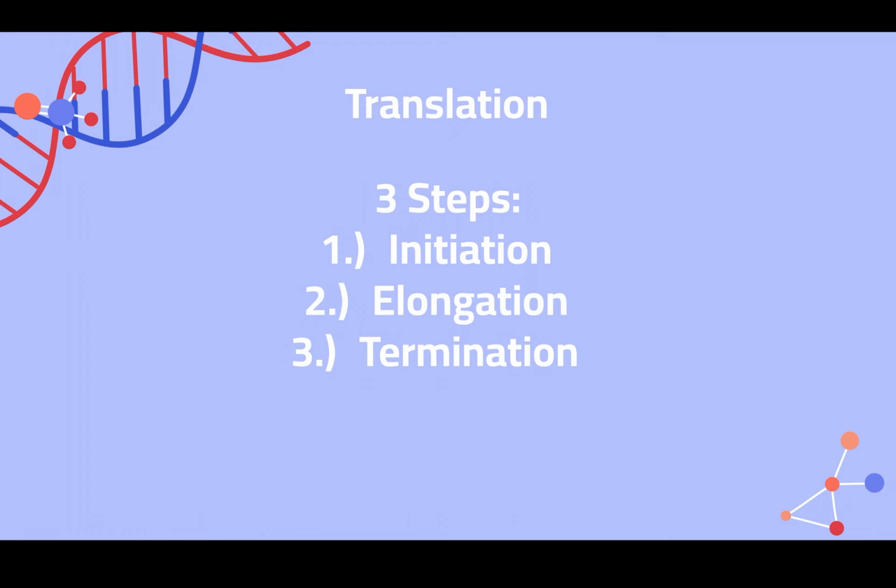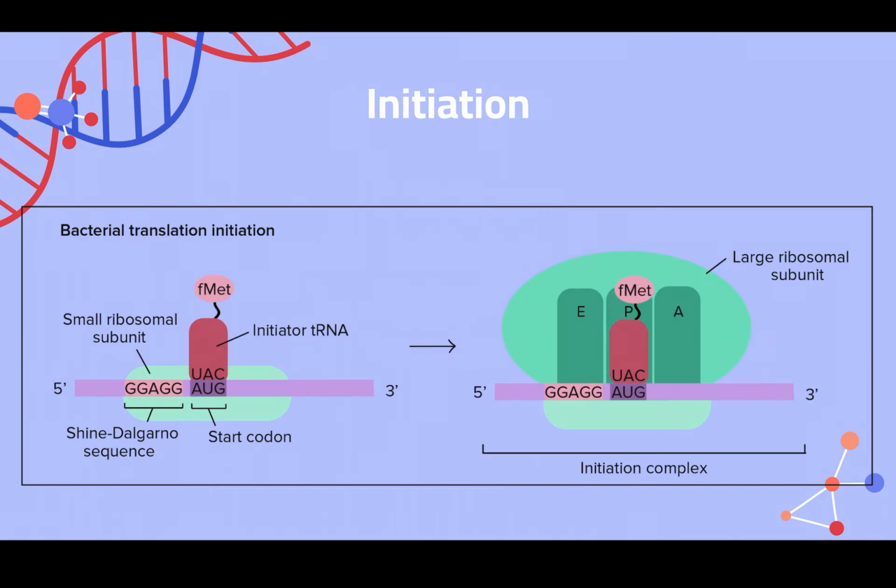Also, translation occurs on ribosomes, and in prokaryotic organisms, translation occurs while the mRNA is being transcribed, so it's happening simultaneously. Initiation is when the process starts, and the tRNA in the ribosome interacts with the mRNA at the first start codon, when the amino acid reads MET.